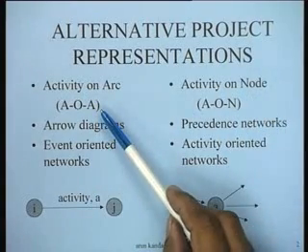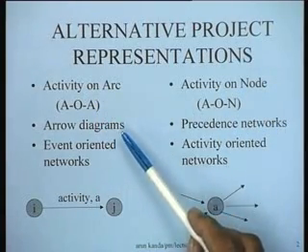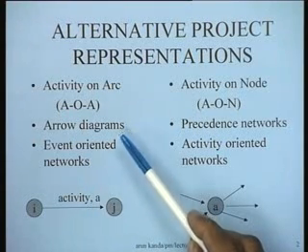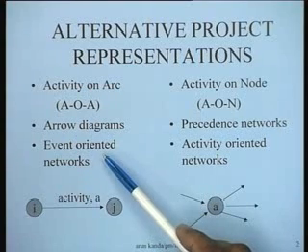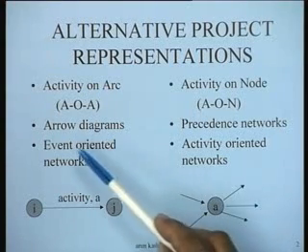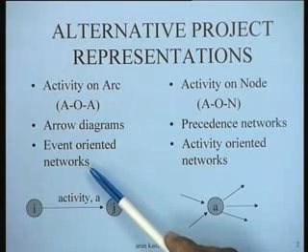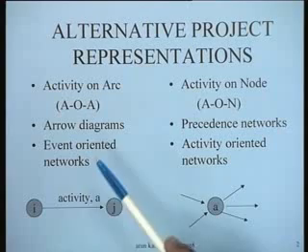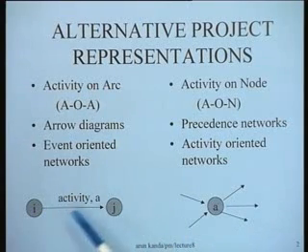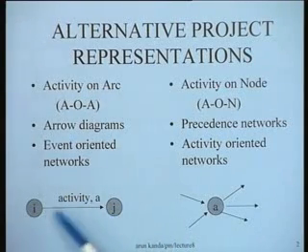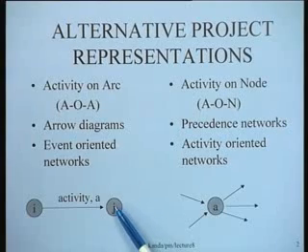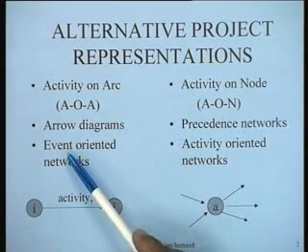The activity on arc mode is popularly referred to as an arrow diagram also, and these calculations are generally event oriented calculations, because in this AOA representation each activity is represented on the arrow, and the starting node and the end node of each activity is given the interpretation of an event.